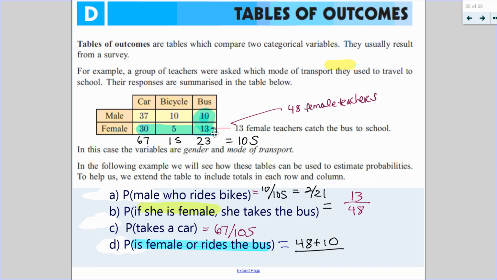And then that's over 105 because we are talking about all of them. So that's going to be 58 out of 105. Okay, so that's where you want to be careful not to double count there.